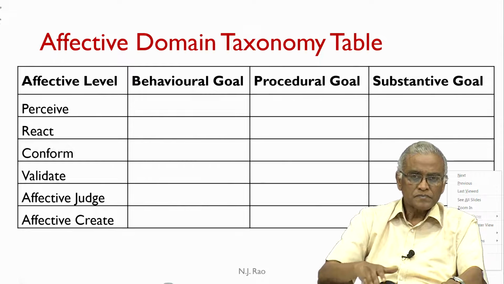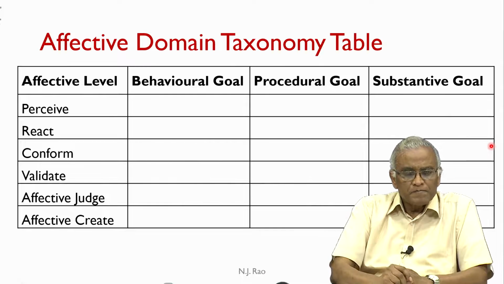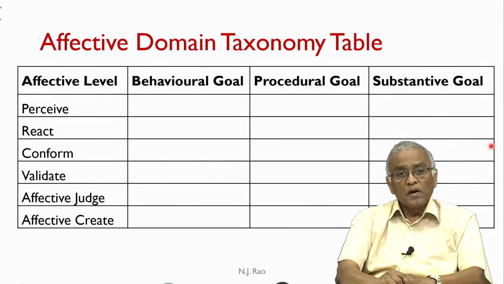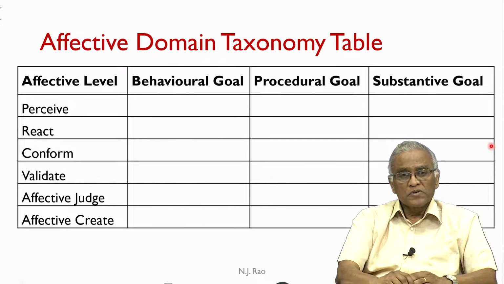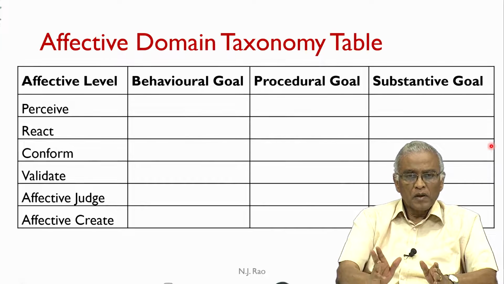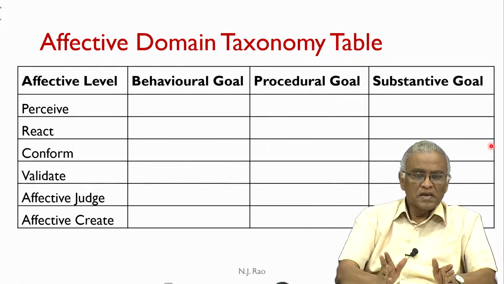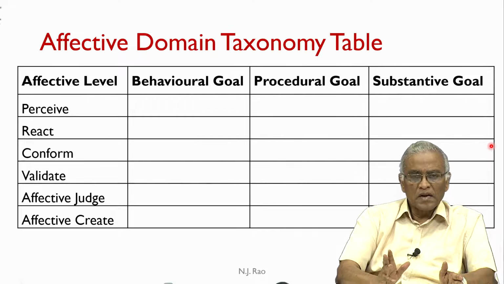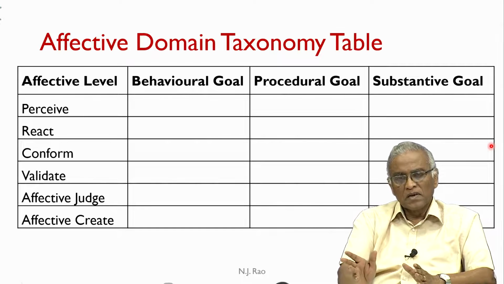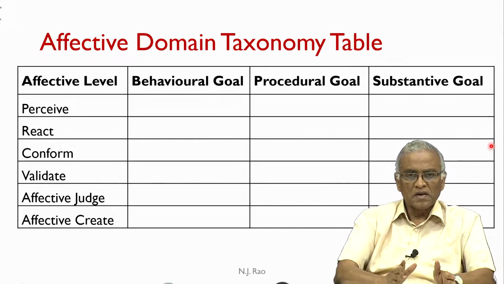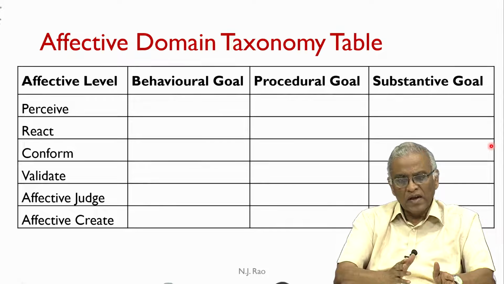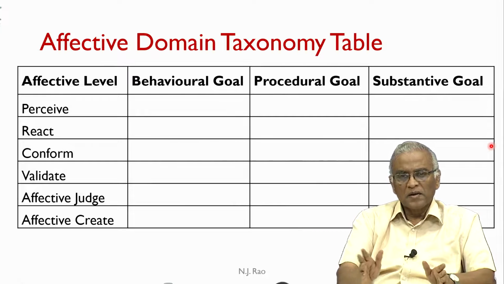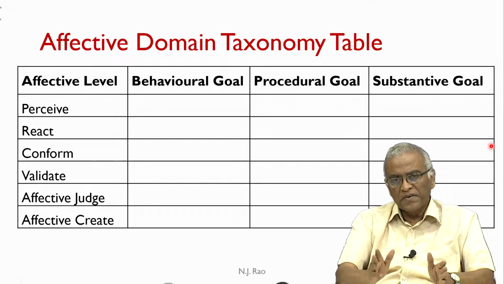And here the procedural goal is at a higher level than the behavioral goal, and similarly the substantive goal is at a higher level than the procedural goal. So, it is not strictly a hierarchy, but one can talk about more difficult and more difficult to achieve.